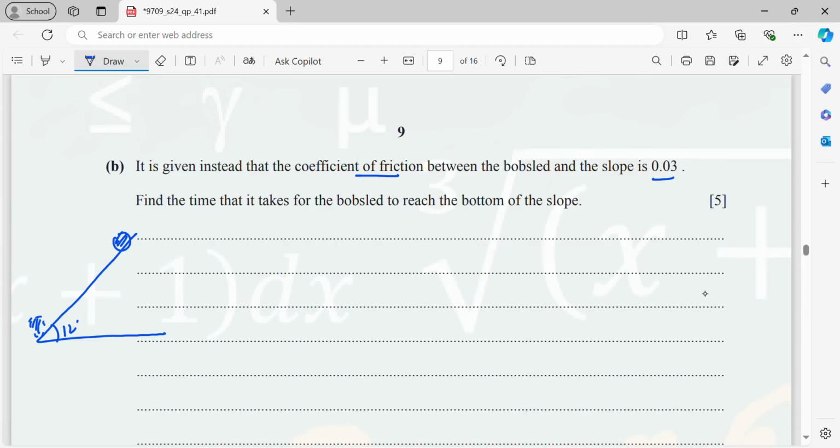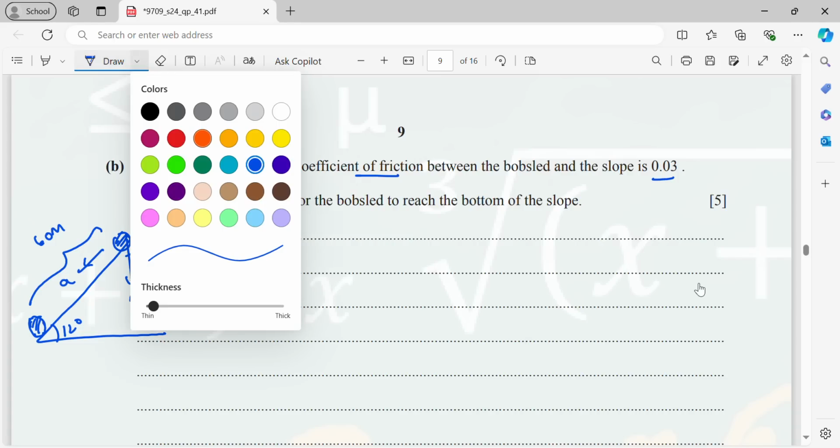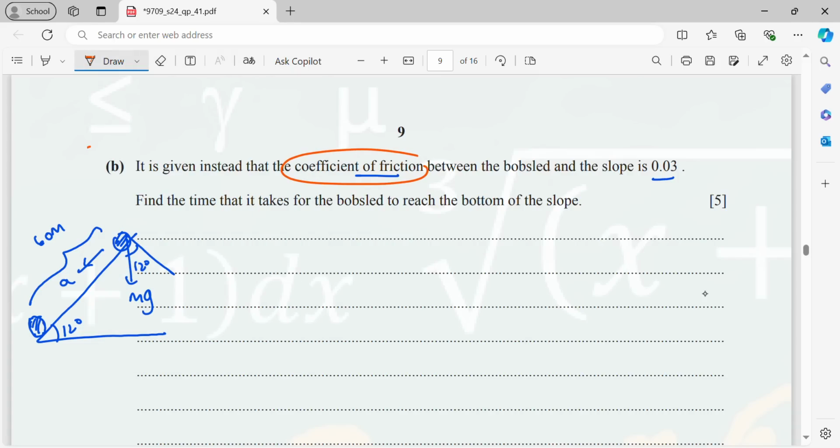So again, here is 12, then this is mg. Here is 12 degrees. Since it is moving down 60 meters, the a you have to recalculate, and we have a frictional force with the coefficient of friction.